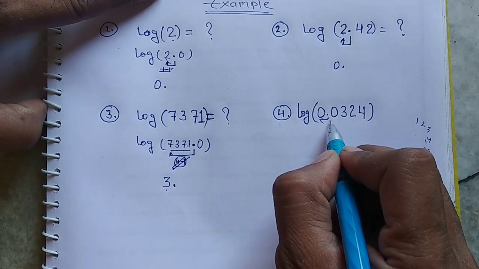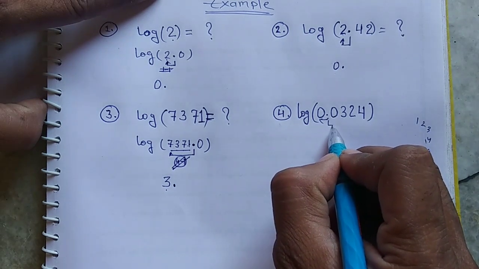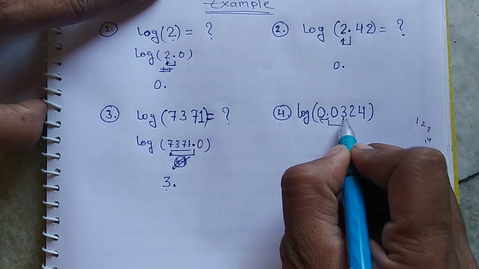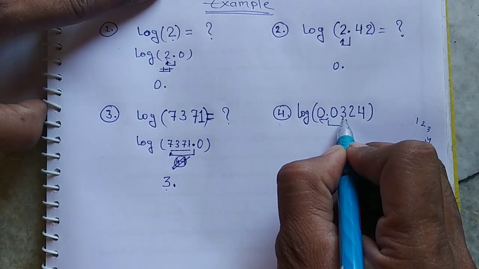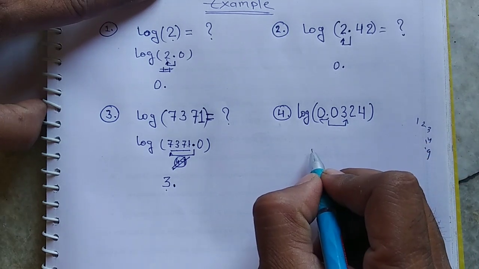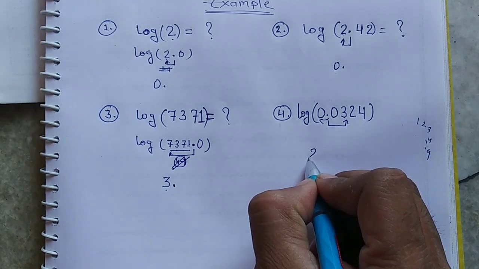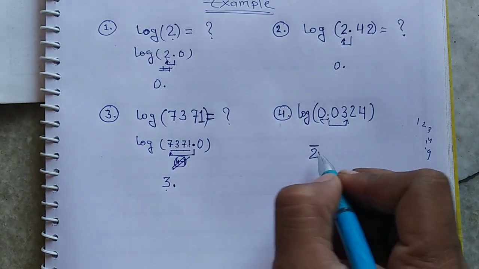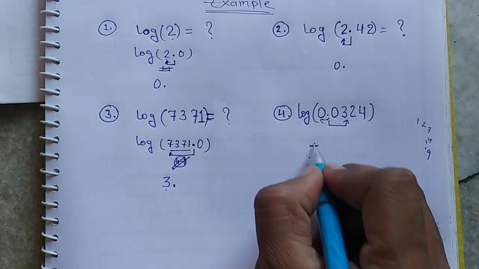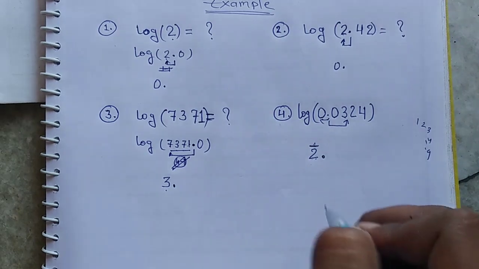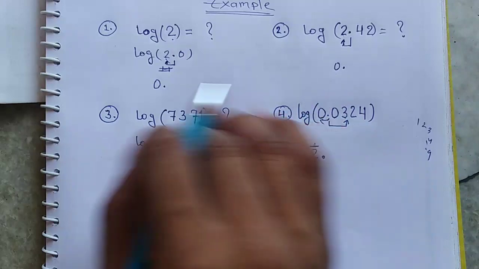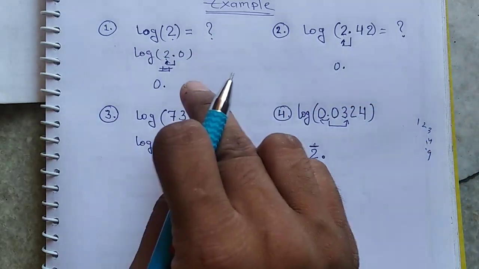So if we replace this decimal, you are replacing from the second place. The characteristic will be 2 bar, read as 2 bar, and put the decimal over here. So we have found the characteristic part of all these examples.